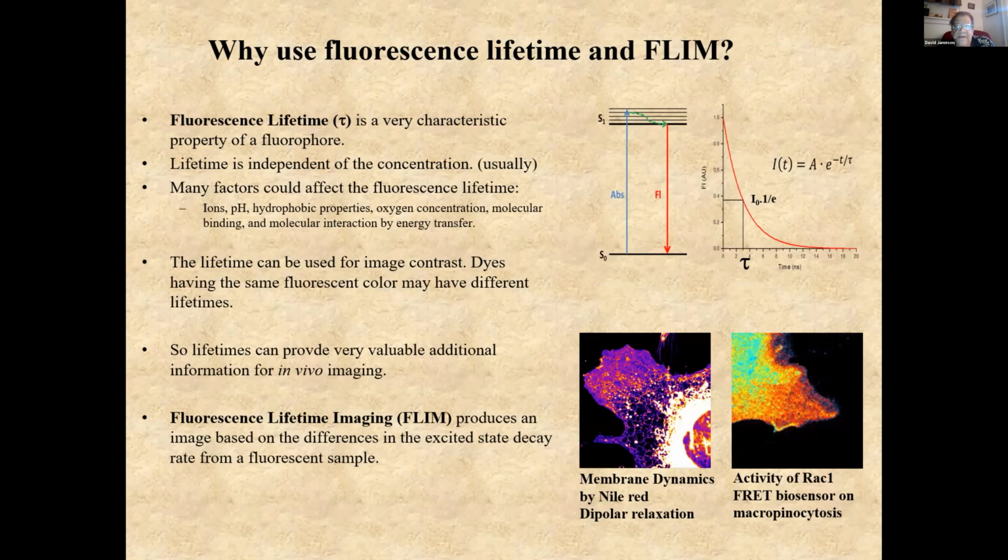So you can't tell how much of a probe is in a region of a cell just from the intensity. Maybe there's more probes or less, or you can't tell necessarily the quantum yield, but the lifetime will tell you an important property about what's happening in that part of the cell. And that's why we'll talk a lot in the course about fluorescence lifetime imaging, where you're doing an image based on the lifetime.